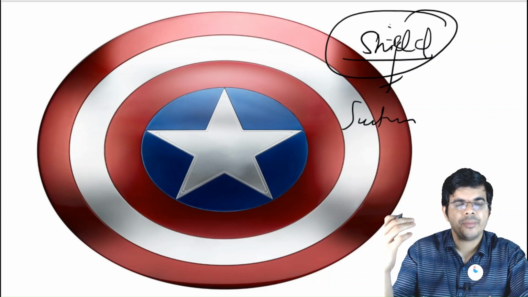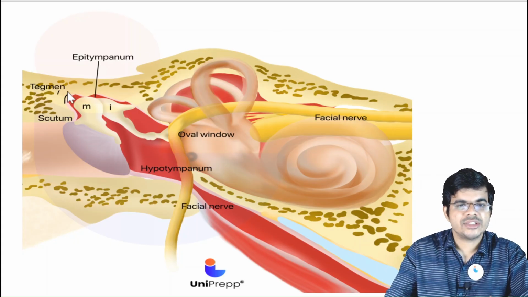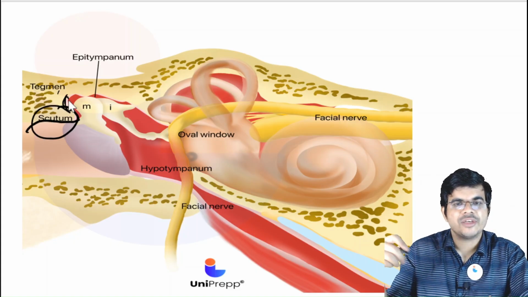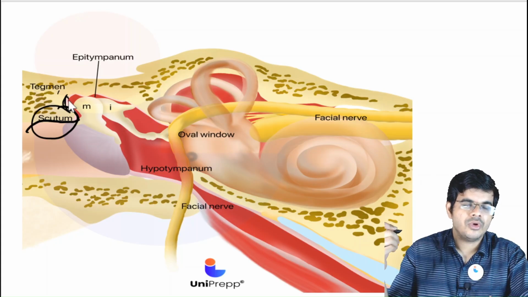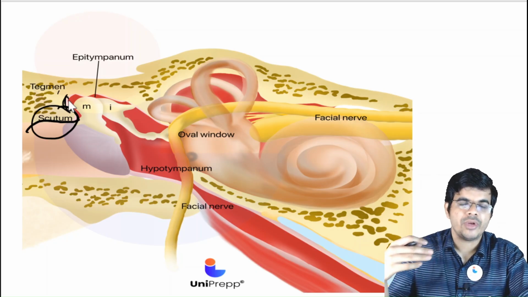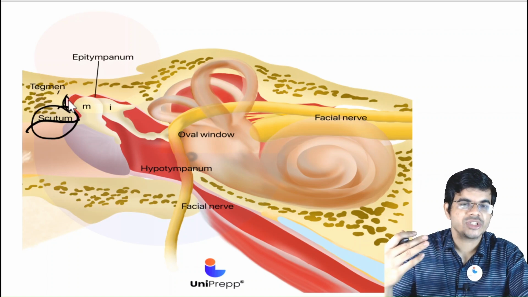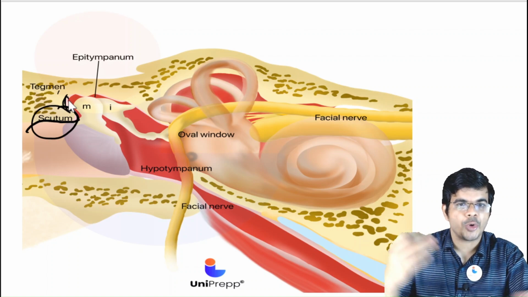Just lateral to the epitympanum, you have the shield formed by the scutum, and it is eroded in case of an epitympanic cholesteatoma. So this is a telltale sign of pars flaccida cholesteatoma, and it will be seen easily in the coronal section of the CT. When you take an HRCT temporal bone, when you are suspecting cholesteatoma, you have to look at the coronal section and look at whether the scutum is eroded or not.